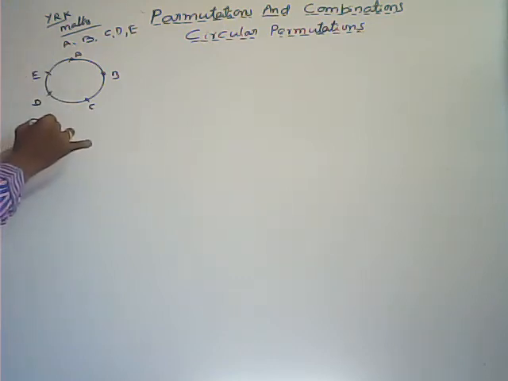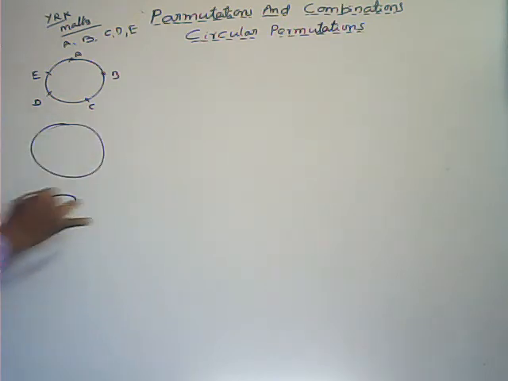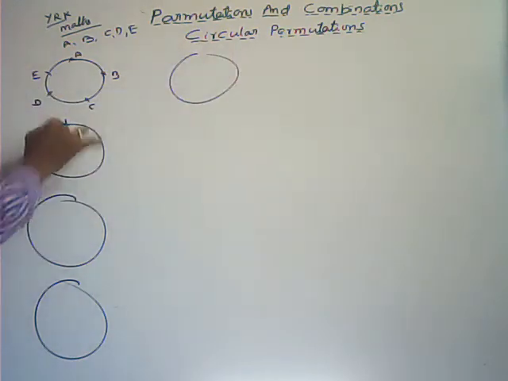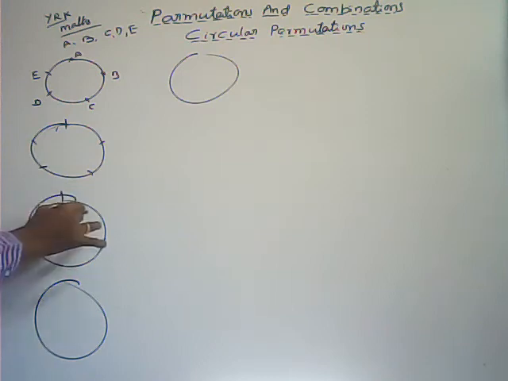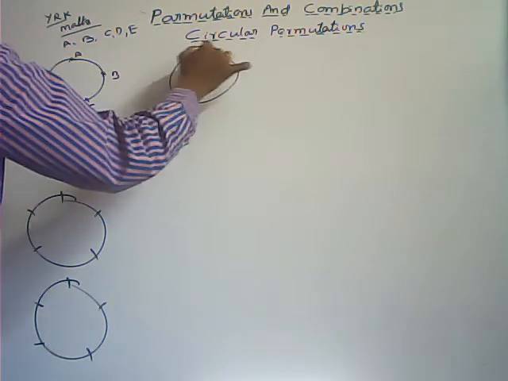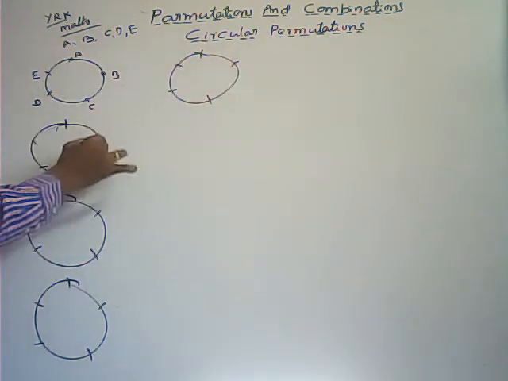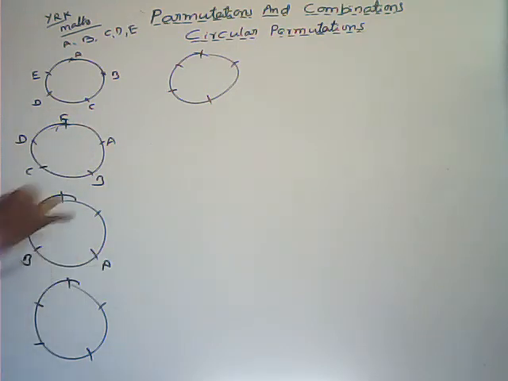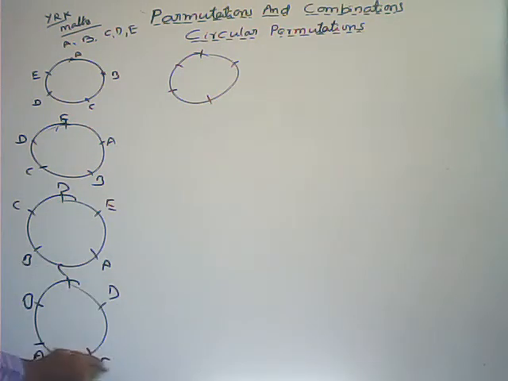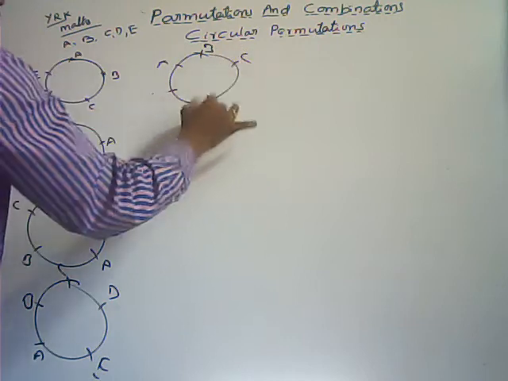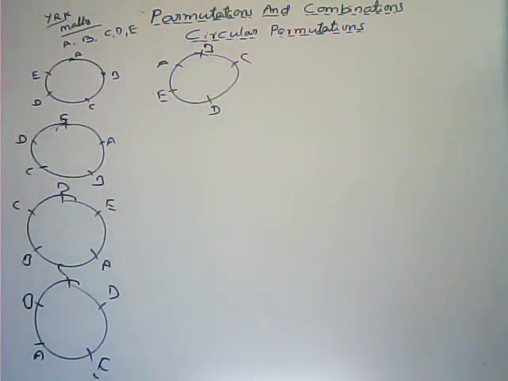Now here you can see A, B, C, D, E. Here you can observe one thing.